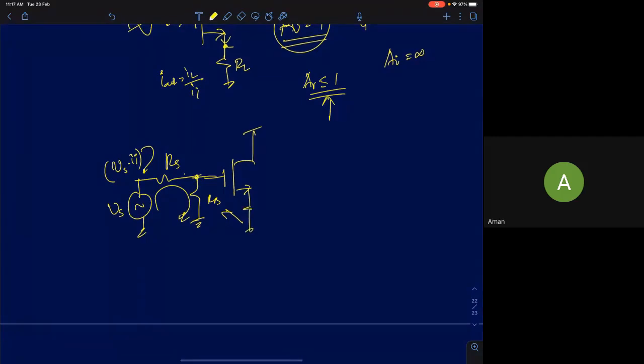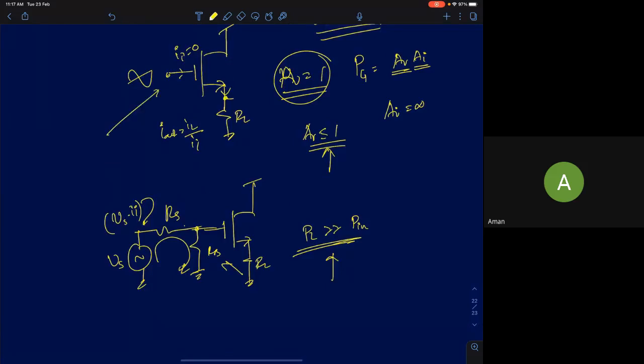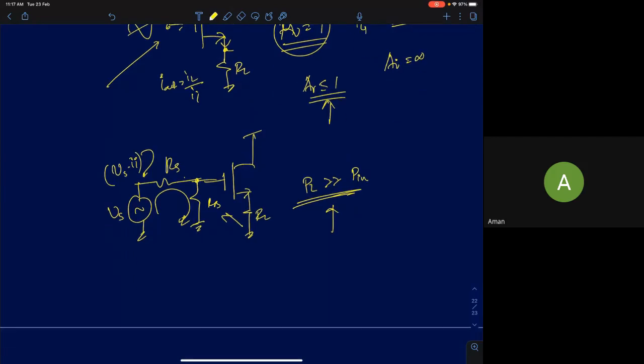Still, what we are saying here is that the load power that you are going to deliver will be much greater than the input power. I just took an example. I showed here that the input power drawn is 0 because no current is being drawn. But in practice, you might have some bias circuitry, and that bias circuitry might draw some power.